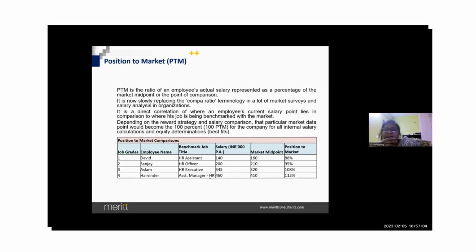Simple, no? 140 divided by 160, as a percentage. Got it? Can you do the rest of that, guys? 200, 345, and 460. Though the answers are written already. Position to market is a direct correlation between an employee's current salary vis-a-vis the market, which is called position to market.